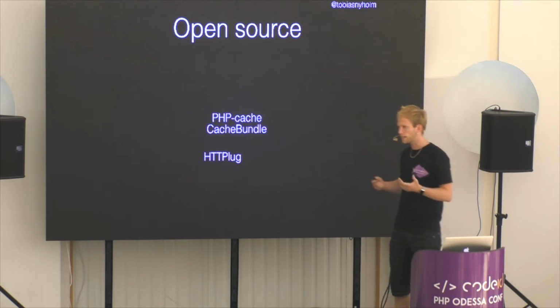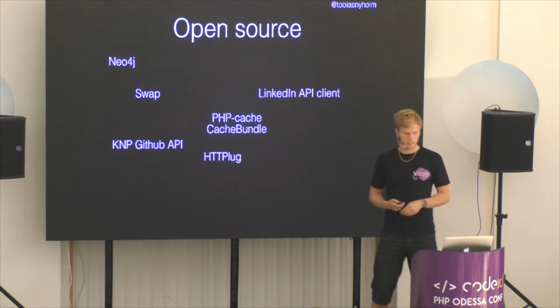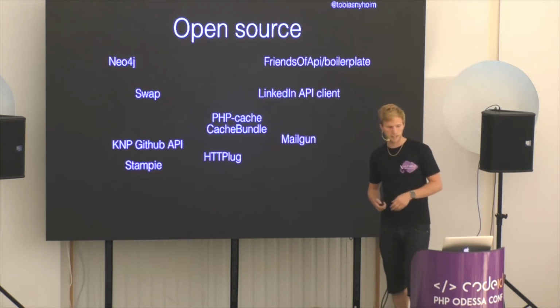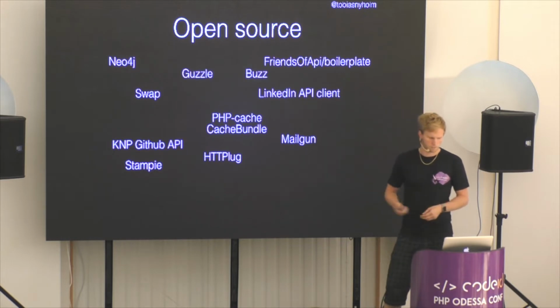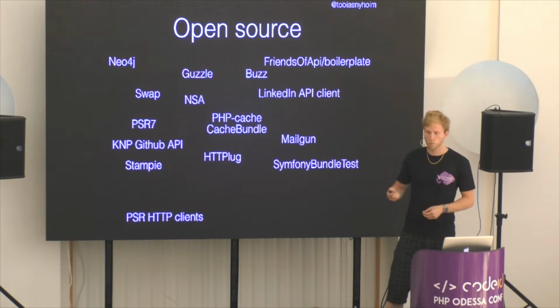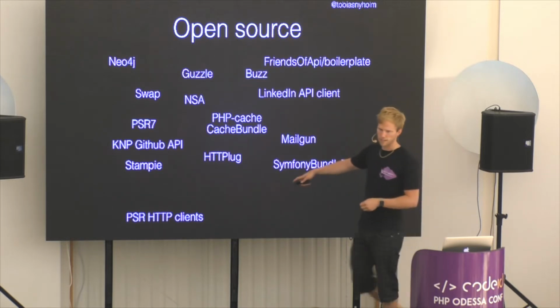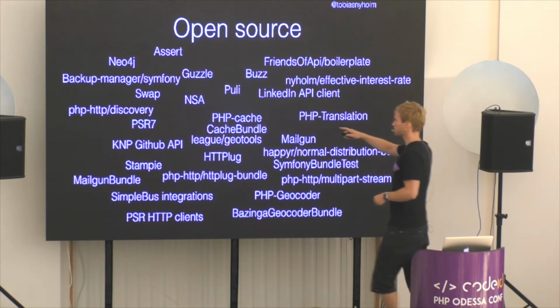And when you do HTTP clients, you also do API clients, and then mail clients. Nowadays I maintain both Buzz and Guzzle adapters. I do my own PSR implementation. I'm writing a PSR for HTTP clients, PSR-18. I'm doing plenty.